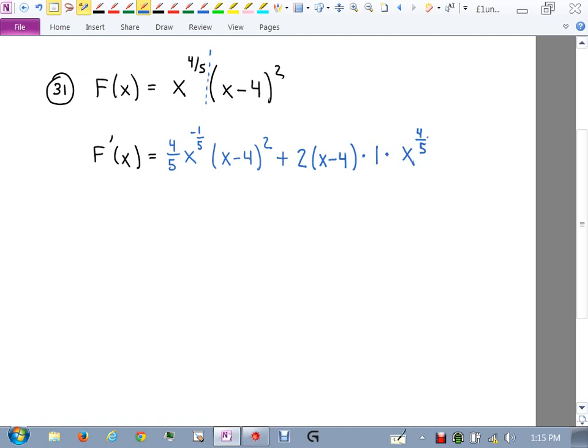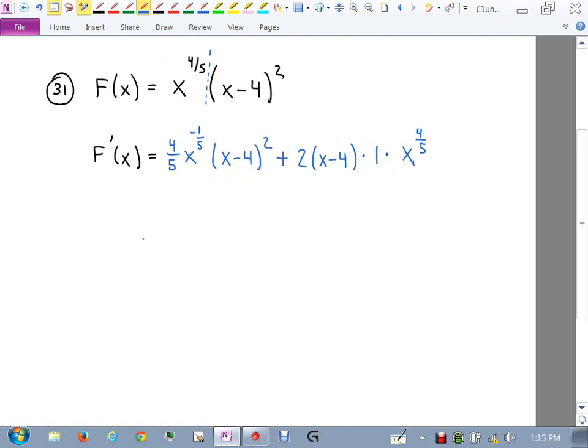All right, so now this is where we actually have to do something with this, right? I mean, we can't just leave it like that and say when is that equal to 0. So you have to be able to clean this up. I always like to, if I have negative exponents, drop them down, combine things together.